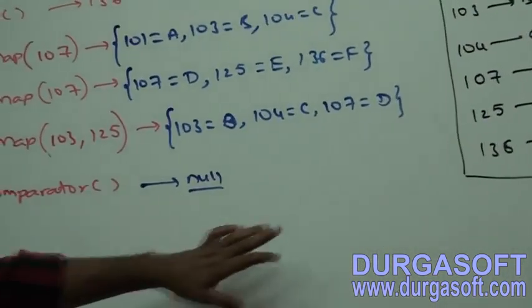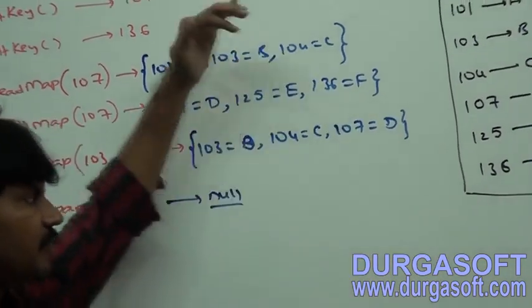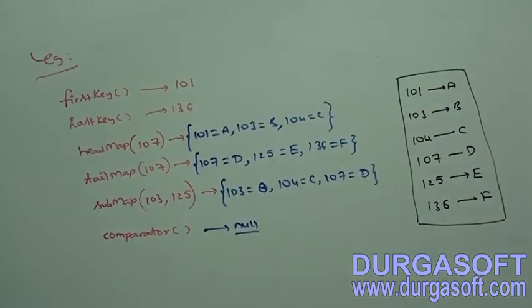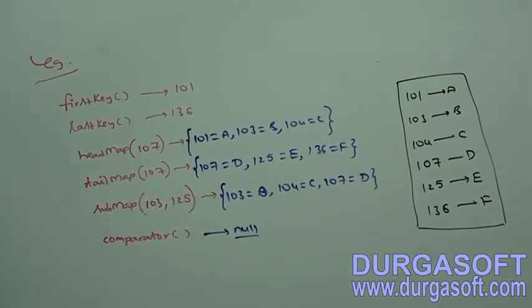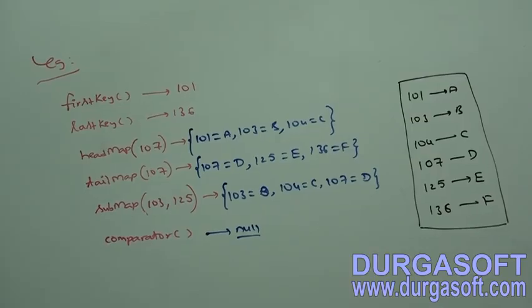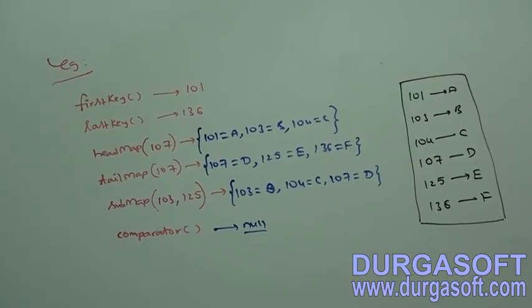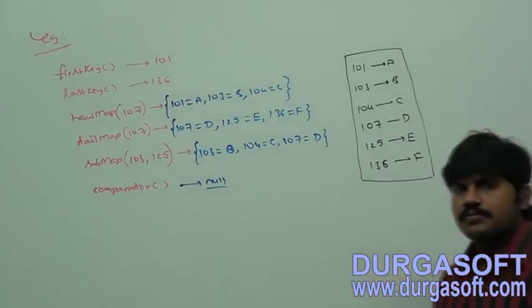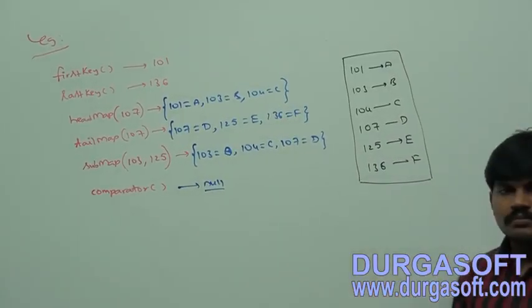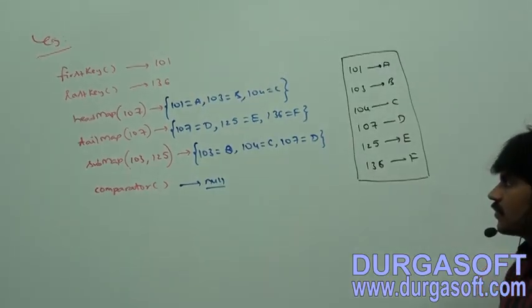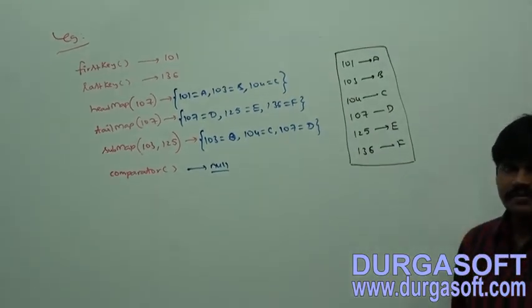So take this diagram. For this diagram, the results: first key 101. Last key 136. Head map of 107.